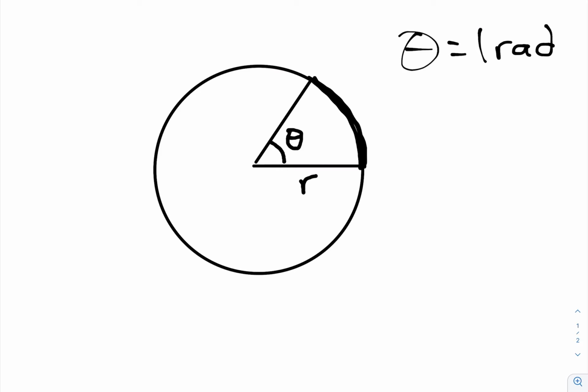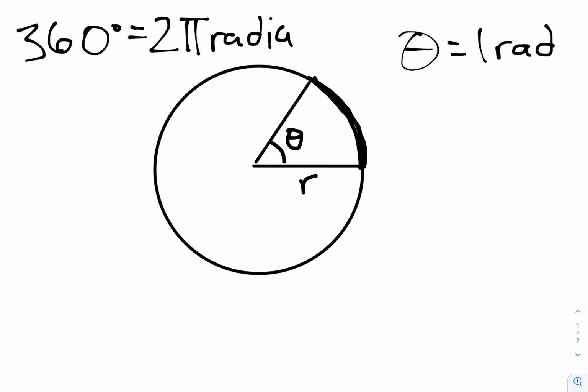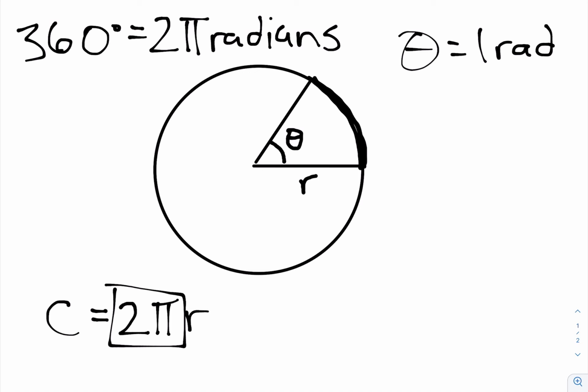So 360 degrees, that's the whole span of this entire circle. 360 degrees is equal to 2 pi radians. One way I like to think about it is the circumference of a circle is 2 pi times the radius. 2 pi is just a constant, and the radius is just the radius of the circle.